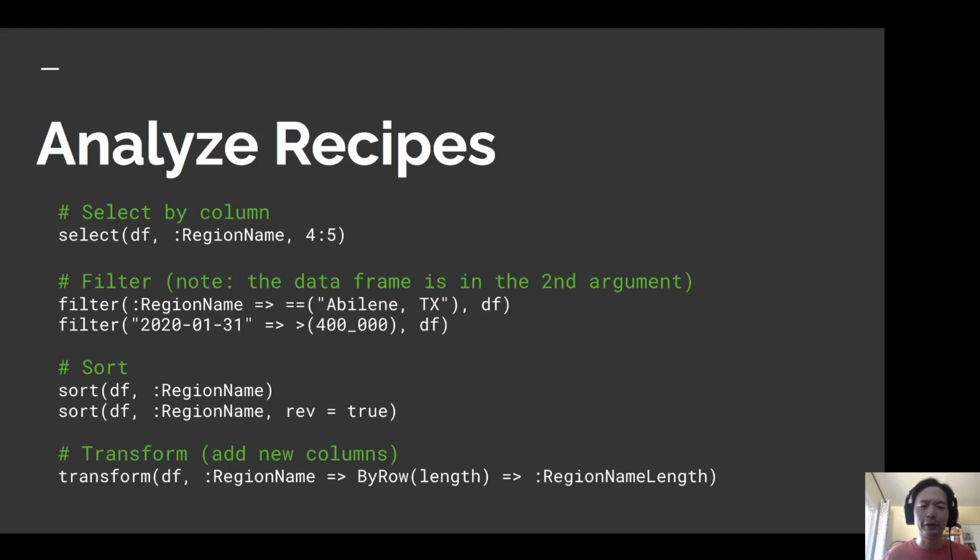You can just look at the direction of the data flow. So the way to read this transform function is that I will take the region name from this data frame, and for each row in this data frame, I'll take the region name value and pass that to the length function. And the result of that function, the length of the region name, will be saved as a new column called region name length.